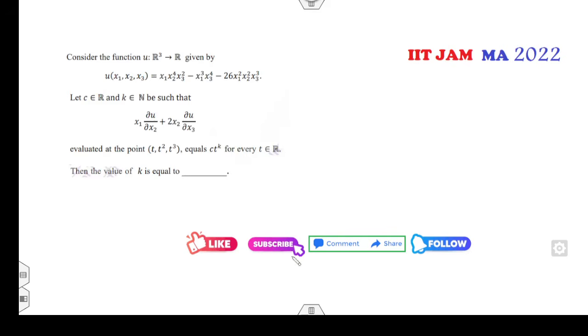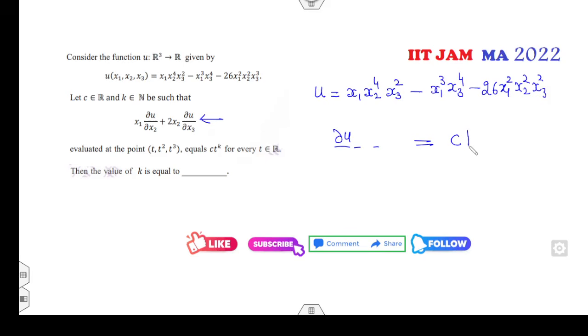Okay, look at this next one. A function is given to you. U is x1 square power 4 x cube square minus x1 cube x4 minus 26 x1 square x2 square x3 square. Your target is to find the partial derivatives at the point, and the expression given is equal to c t raised to power k, and your target is to find the value of k.